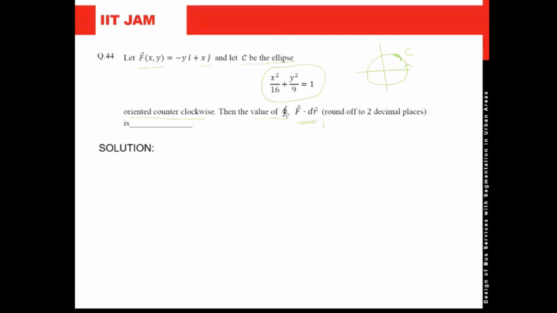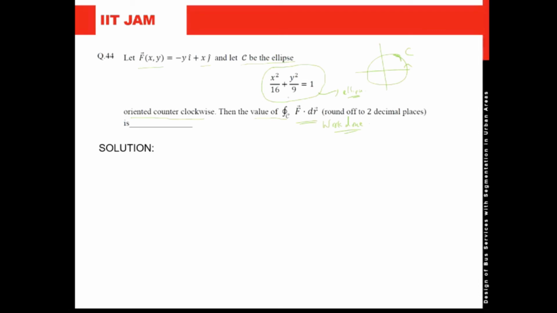So this is actually work done. F dot dr is the work done by the force F along the path C, and C is an ellipse. Such a question is also a line integral. One method is to parameterize this ellipse, which is the conventional way, and then integrate.